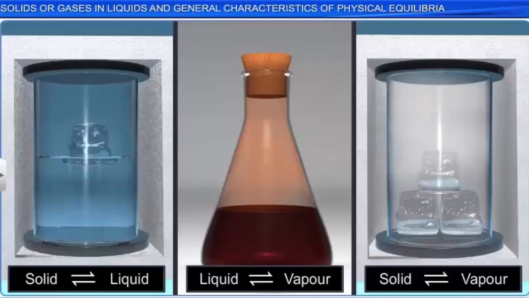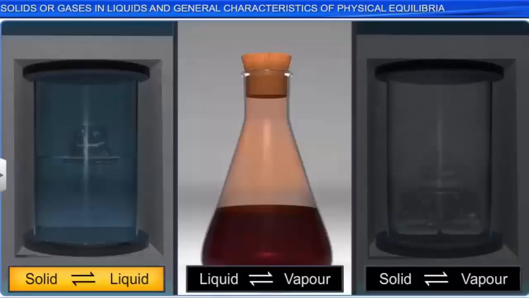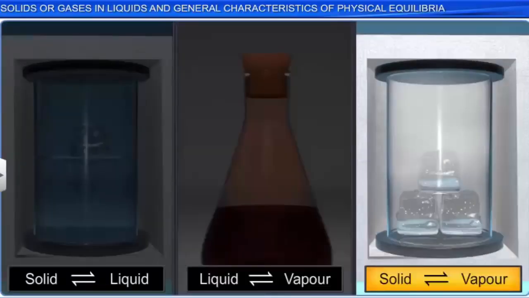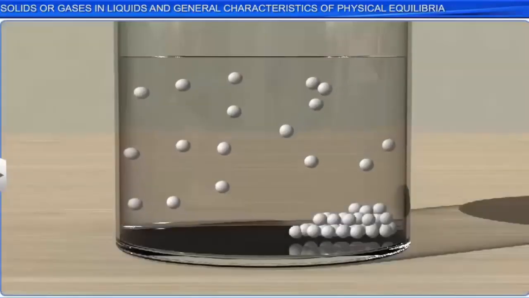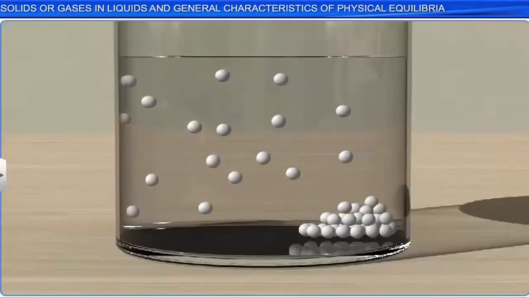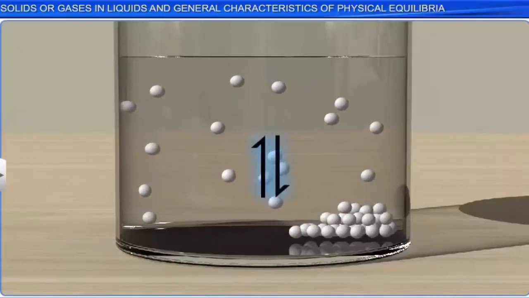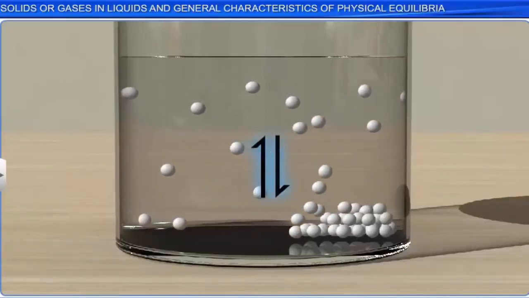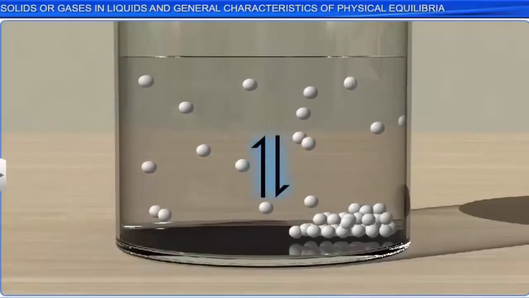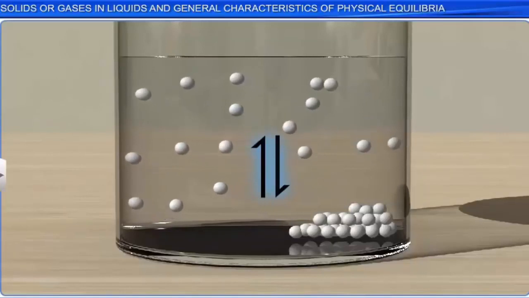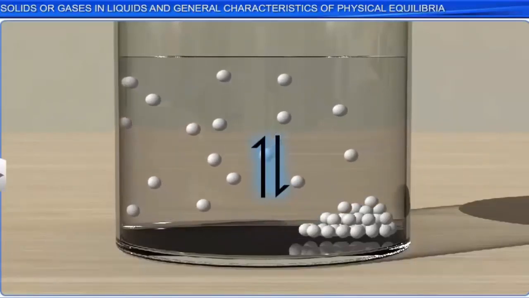You have learned that during a physical process like phase transformation, it is possible to attain equilibrium. Similarly, when a physical process like dissolution is taking place, it is possible to achieve a state of equilibrium.